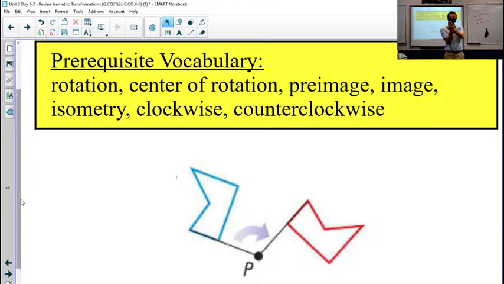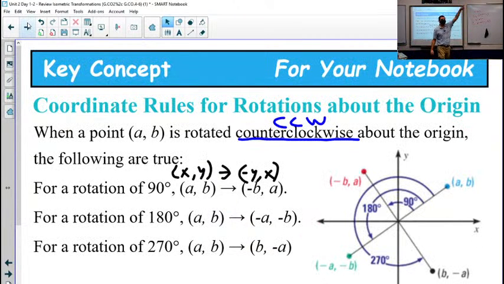Now we're going to do rotations, which are turning the shape. And we can either turn clockwise or counterclockwise. Remember, clockwise is direction of the clock. Counterclockwise is the opposite direction from the clock. On our rotations, when we look at our coordinate rules for the rotations, they're going to be counterclockwise, turning the opposite direction.